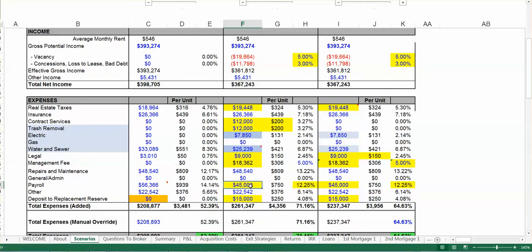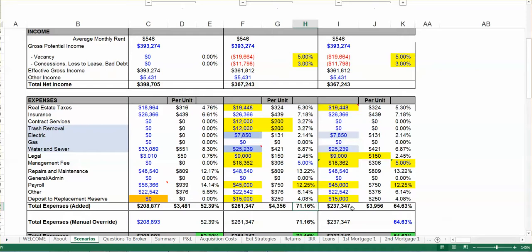So I reduced the payroll to 45,000 and I added 5% to cover the management fee. And what else did I change? Okay, and then the deposit and reserve, about 250 per unit is typical. Obviously, something's wrong with this one, so I think you can help me figure out how to correct it.